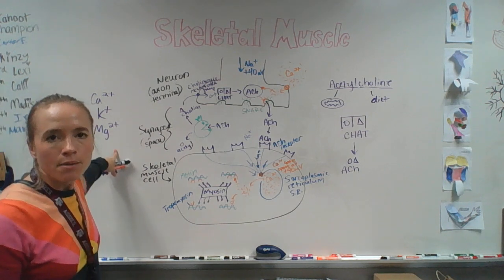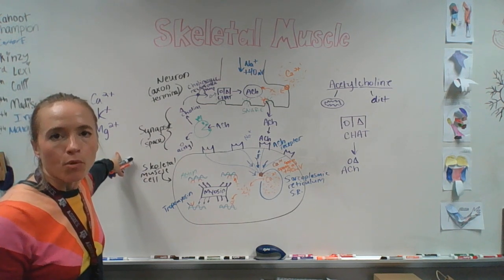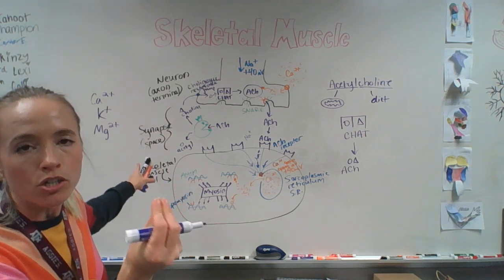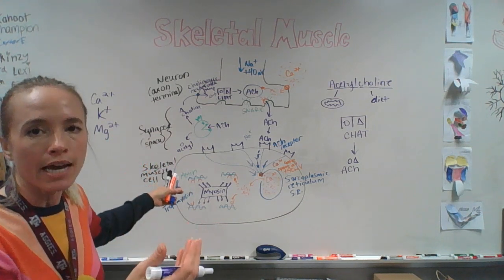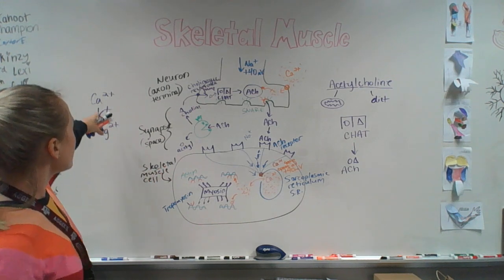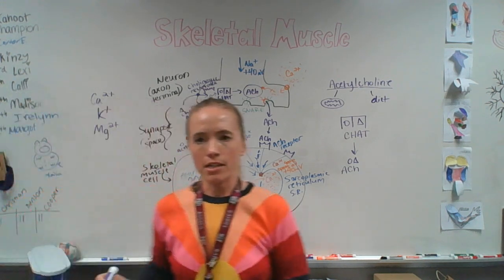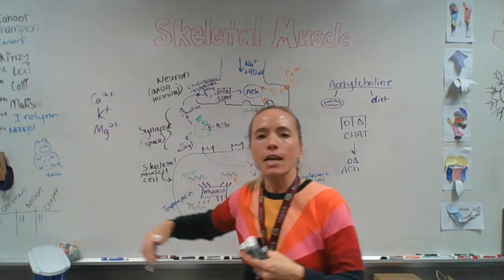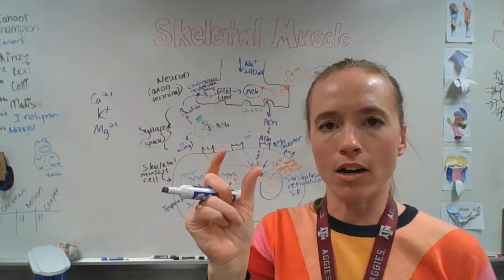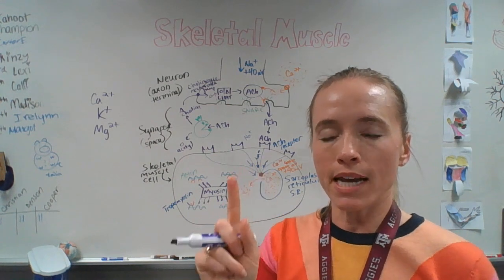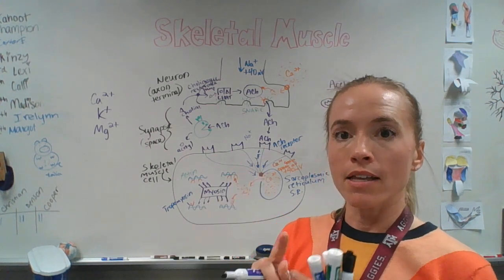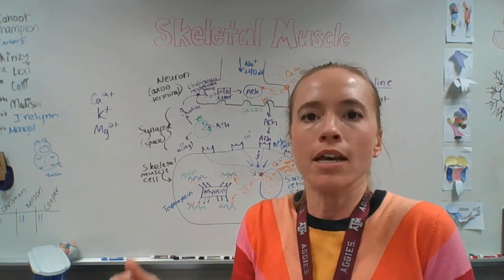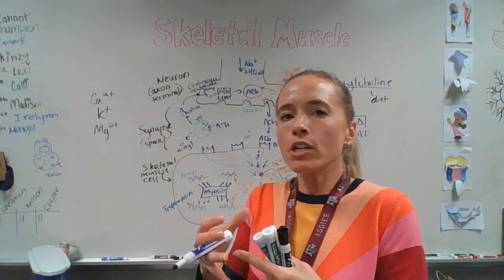Calcium and magnesium have a much more positive charge, so they're going to attach more strongly to the troponin than potassium. But what can happen is that here, I'll stand here so you can see me. The potassium and the magnesium are going to compete for that same binding site on troponin. And if potassium or magnesium is sitting there, then calcium can't bind, or as much calcium can't bind.